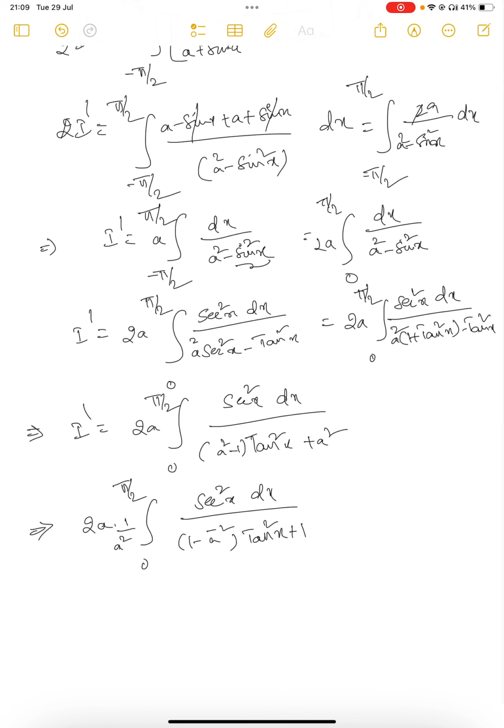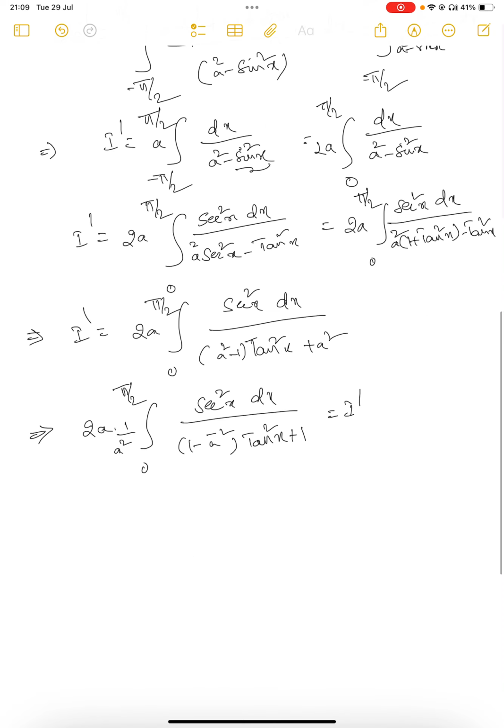This is I prime equal to 2a into 1 by a square. Let us multiply and divide with 1 by root of 1 minus a power minus 2.